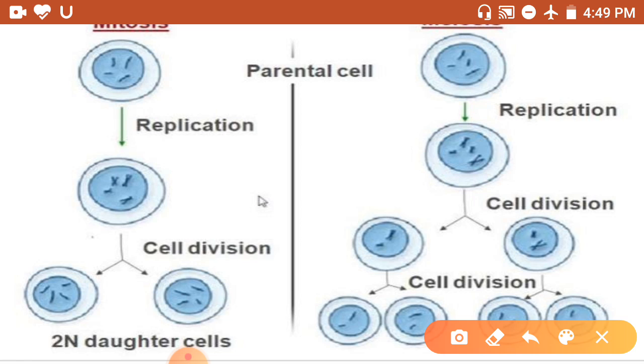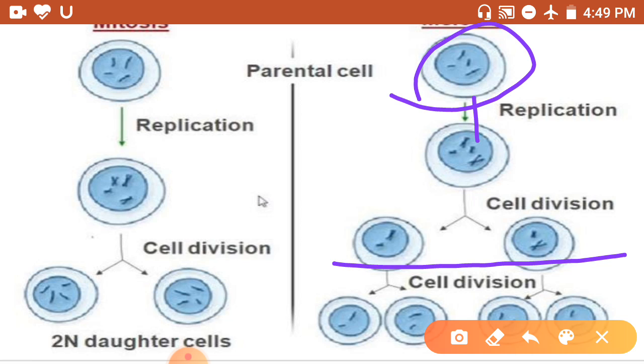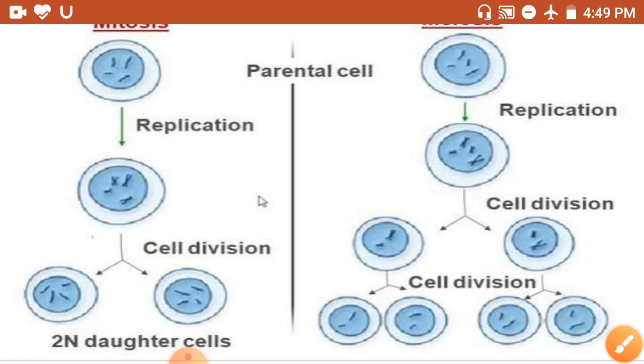You see here, this is the mother cell, and when the first process is going on, it divides into 2 cells, here and here.